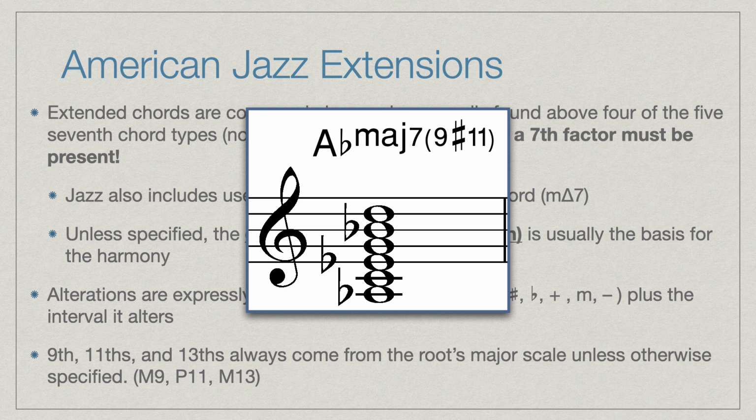So we need to change our G flat to G natural to accommodate that. The 9th, then, the B flat, just comes right from the A flat major scale, no problem. And sharp 11, we would have had D flat, right, from the key signature of A flat, but we need to raise it to D natural to accommodate that sharp 11. I promise we will practice more of these spellings soon.